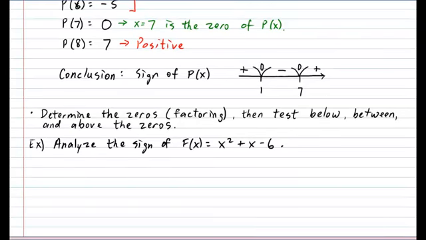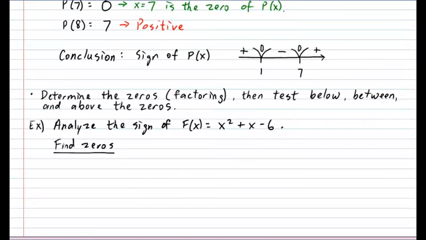Alright, so first subtitle should be finding the zeros. Okay, now this is a second degree trinomial, so the first technique I'm going to use is product sum. And sure enough, product sum works very, very nicely. So, when will x squared plus x minus 6 equal 0?